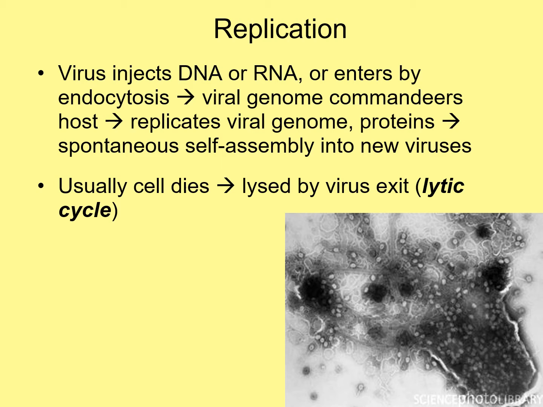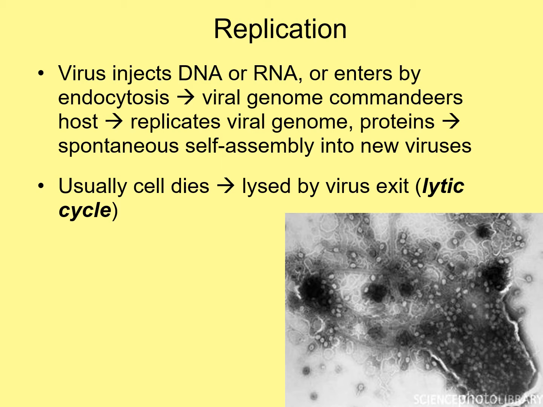And then basically this keeps going until the cell is so chock full of infectious virus particles that the cell explodes. So the cell lyses, and this allows the newly infectious virus to leave the host cell, which is now dead. That's something we refer to as the lytic cycle, because the cell is lysed in the process.